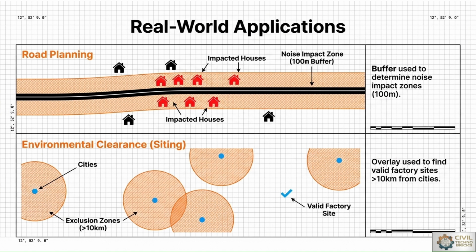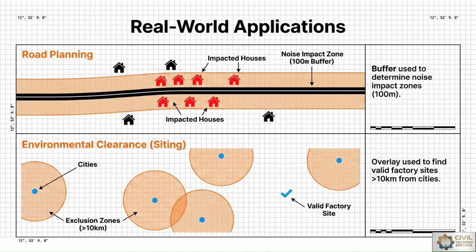By using the querying concept, buffering and overlay analysis, you can move from simple observation to predictive modeling. Whether we are engineers working on the optimization of resources, like a new railway or highway, or assessing the flood risk for a coastal development, these spatial operations provide us the quantitative evidence needed to support our design.